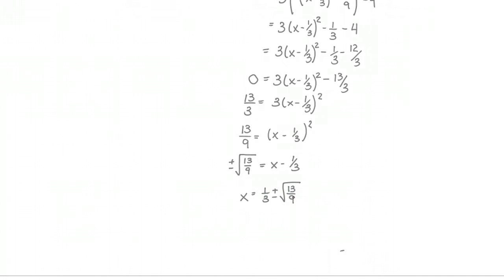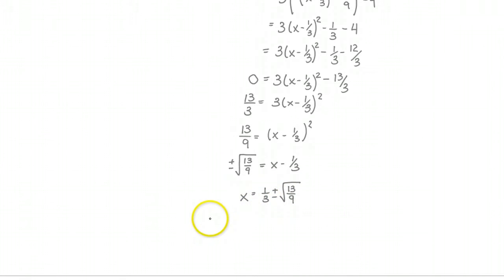Now, depending on your background and what algebra work you've done, you could write this in a variety of ways. I'm perfectly okay if you just take this and plug it into a calculator. However, if you don't have a calculator, I think it's good just to leave it like this. If you don't have a reason to change it into a decimal, leave it. So those are the two x-intercepts.